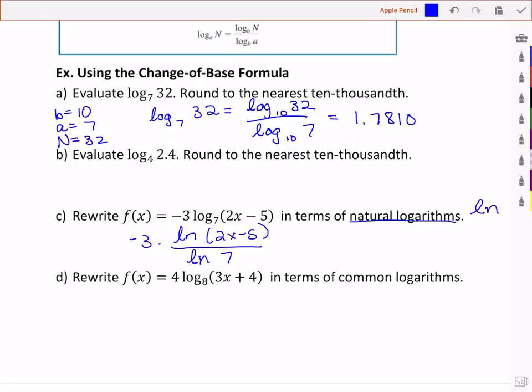So on this one, our desired base was E. So the b was E is what we were doing, okay? So that's where that's coming from because it's just log base E. So that's why it's natural log of 2x minus 5 over natural log of 7.